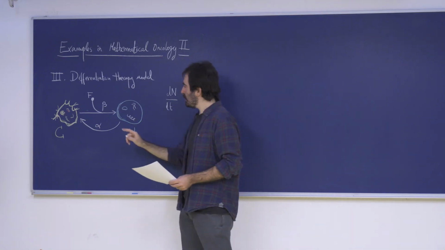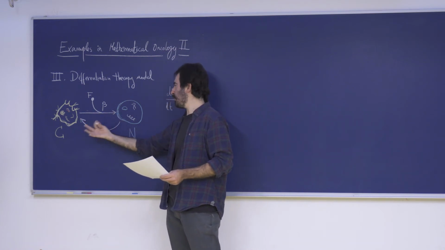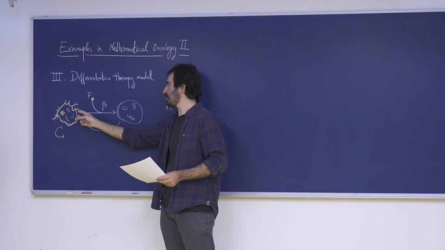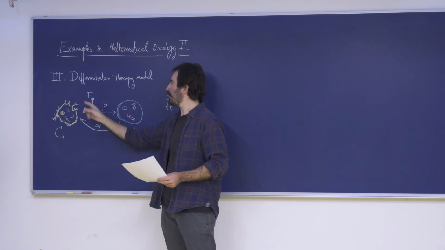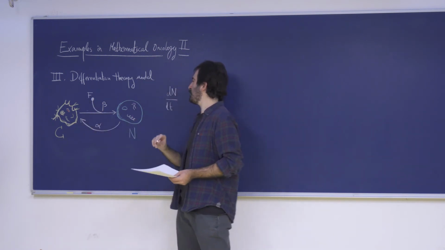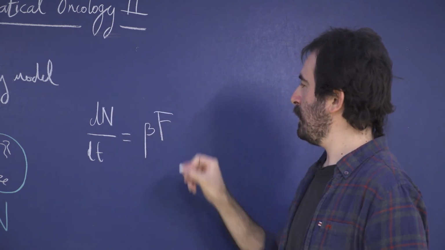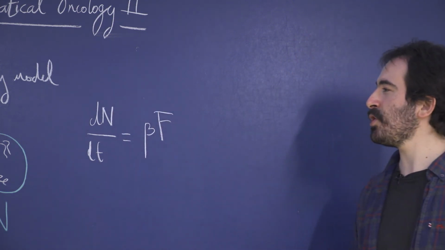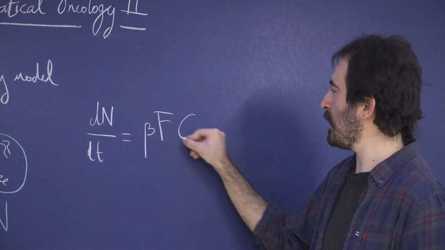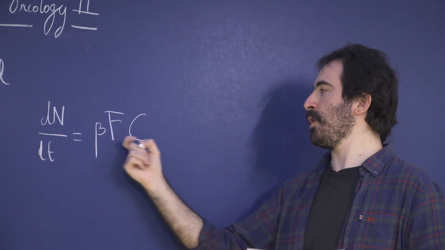We are generating normal tissue cells out of this interaction between the drug concentration that's around the system times its effectiveness. So we're going to have beta, the pharmacological intervention, and the number of cancer cells that interact with the drug in this case.